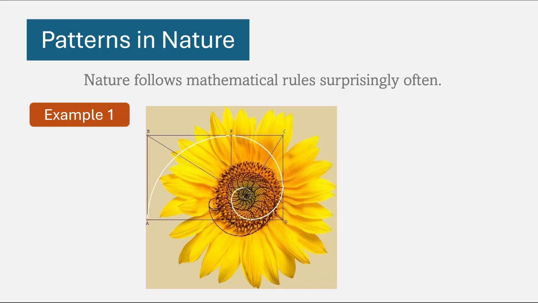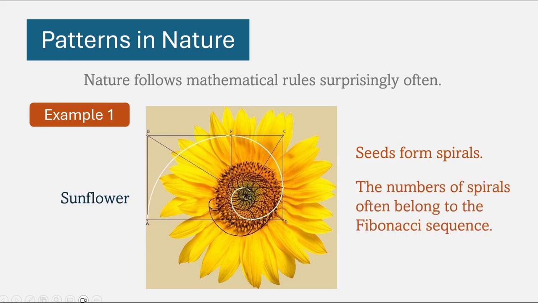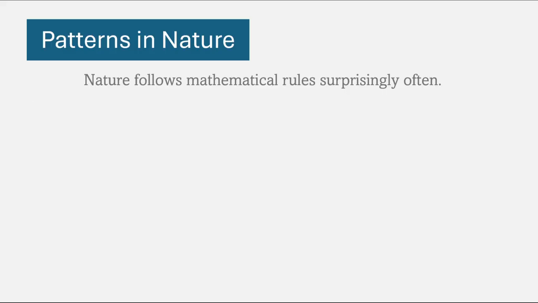So an example is, okay, if you try to look at this one, this is a sunflower, okay? So seeds form spirals. So if you look at the seeds, it's not really circular, no? It is spiraling, okay? And the numbers of spirals often belong to the Fibonacci sequence. So in the later part, we'll be talking about what is this Fibonacci sequence.